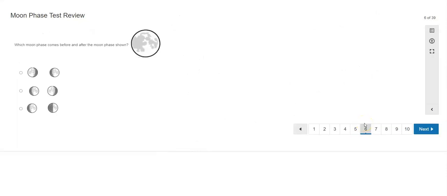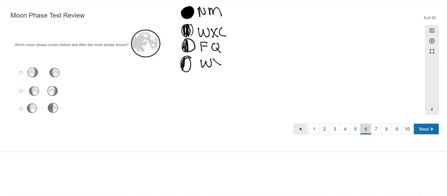Okay, our next question says, which moon phase comes before and after the moon phase shown? So on this particular question, we would use our moon phases that we already have drawn. So I'll go ahead and draw those again. We have our new moon, waxing crescent, first quarter, waxing gibbous, full moon.